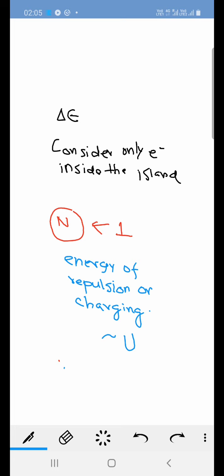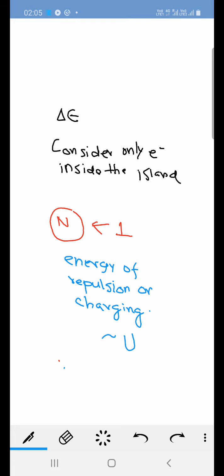Now the total difference in energy between the lowest quantum state of an island with only n mobile electrons and the lowest quantum state for an island with n plus 1 mobile electrons is the sum of U plus delta epsilon.